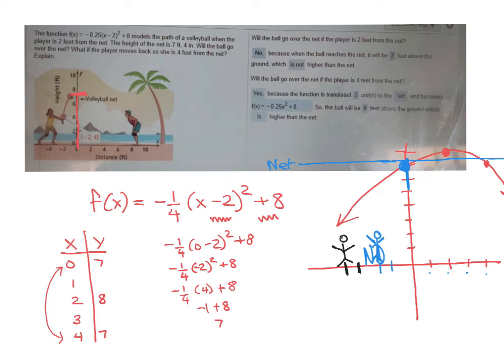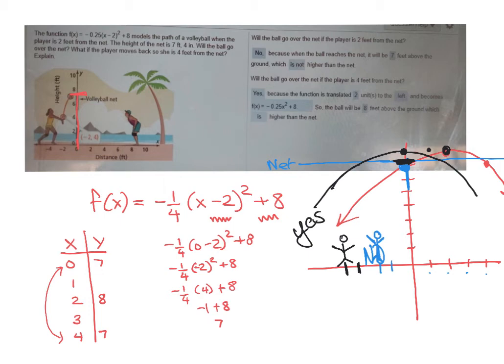And so what that's going to do is pick your graph up and move the trajectory of the ball back 2 spaces. And I'm just doing a really rough sketch. But remember, the net's right here. So would the ball pass the net now if the player steps back?